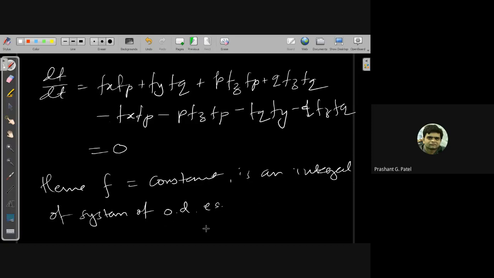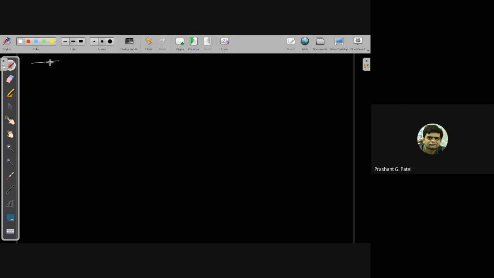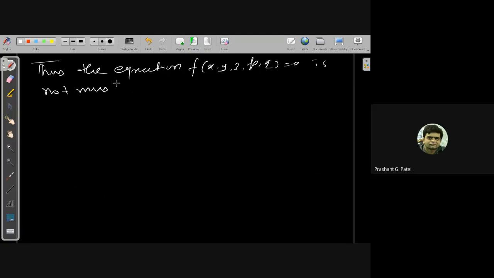Okay, and thus we can conclude that the equation f of x, y, z, p, q equal to 0 is not much of a restriction.